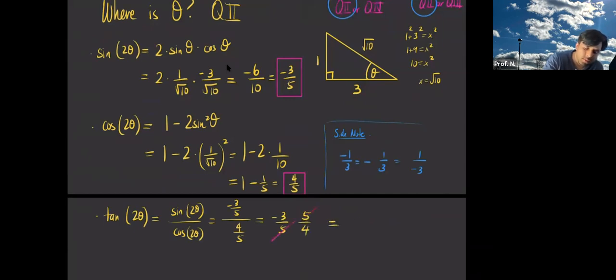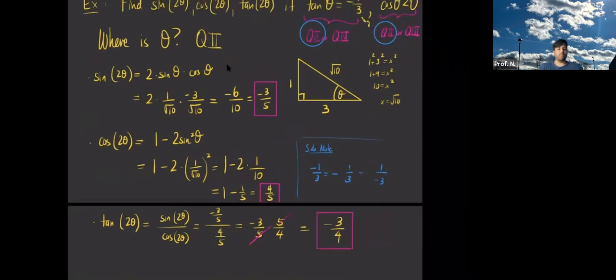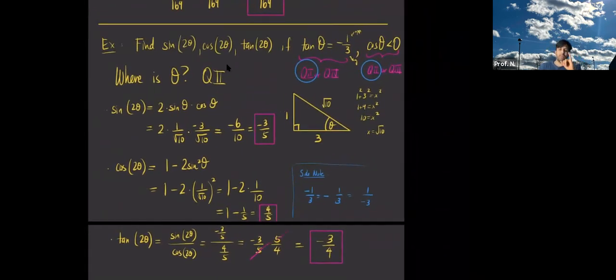What's the answer? Negative 3/4. You see that? Once we establish the fact that theta is in a certain quadrant, and once you establish the right triangle with the right dimensions, then everything else is just use the formula, plug in, find the answer.